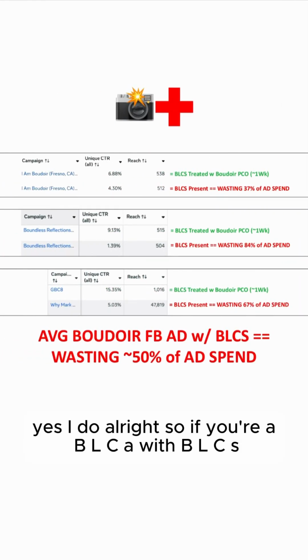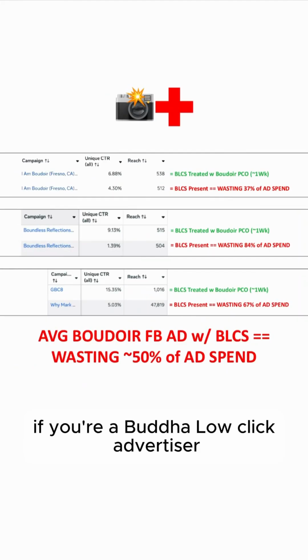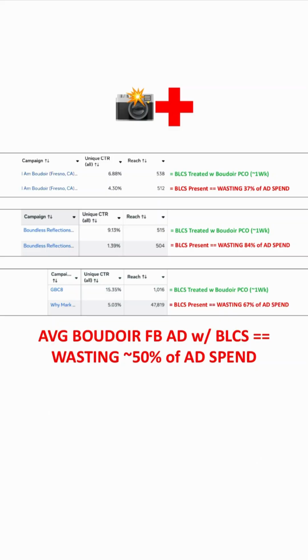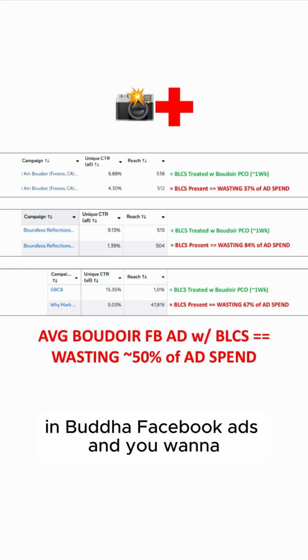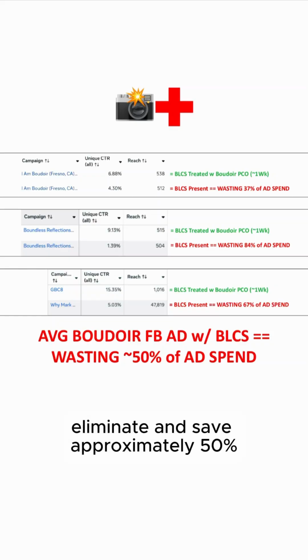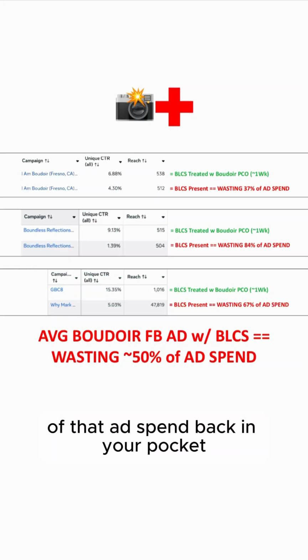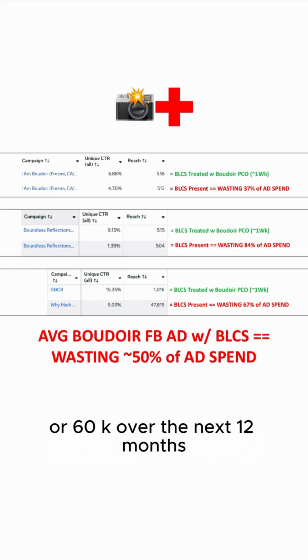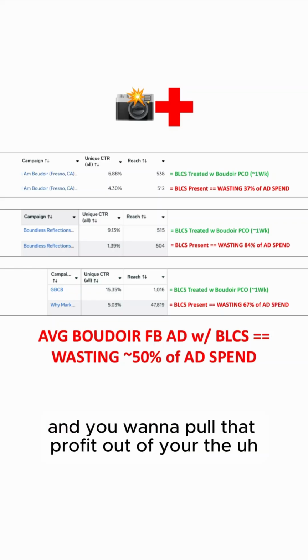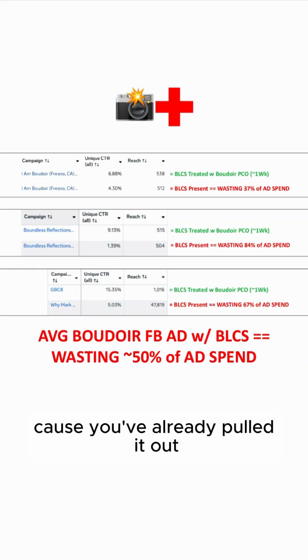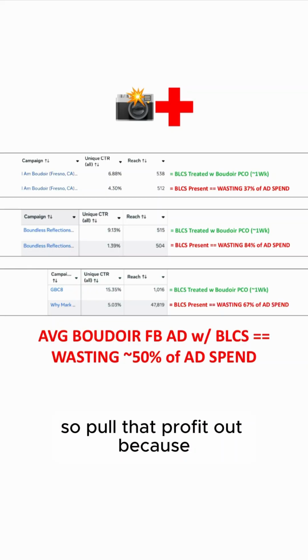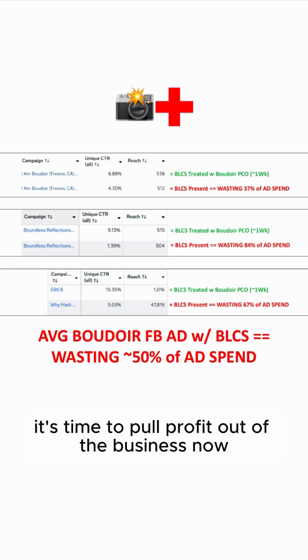All right, so if you're a BLCA with BLCS, if you're a boudoir low click advertiser with boudoir low click syndrome, and you're spending more than 10 grand a month in boudoir Facebook ads, and you want to eliminate and save approximately 50% of that ad spend back in your pocket, so approximately 5K a month or 60K over the next 12 months, and you want to pull that profit out of the inefficient Facebook ad spend because you've already pulled it out for some other parts of the business, so pull that profit out because you realize it's time to pull profit out of the business now.